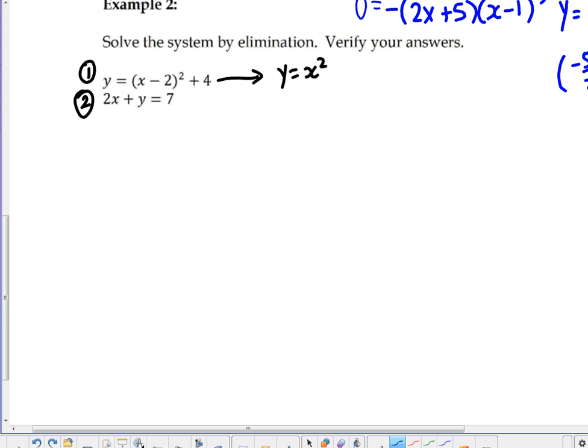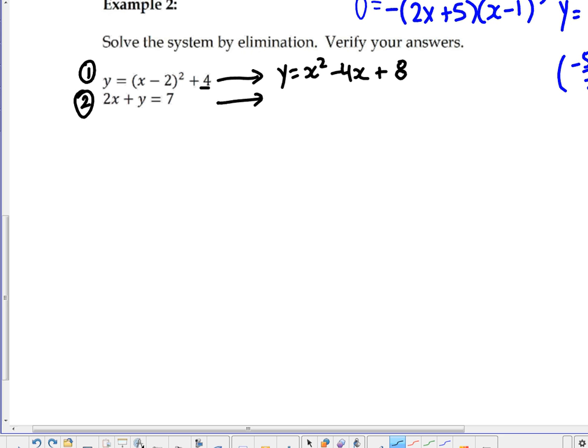What's the middle term going to be? Multiply the two together and double it. X times negative 2, so negative 2x doubled, negative 4x. And then our last term, negative 2 squared is 4. 4 plus 4 would give us 8. So I just added the extra 4.